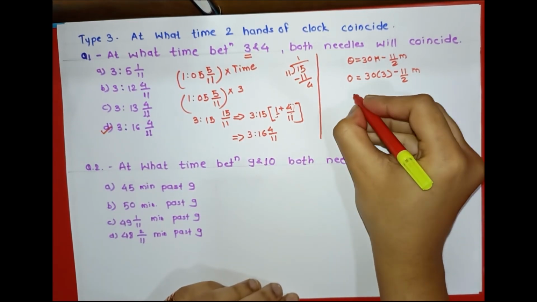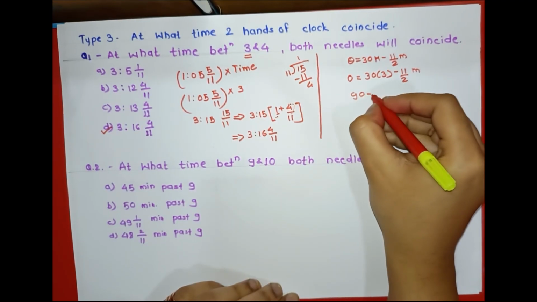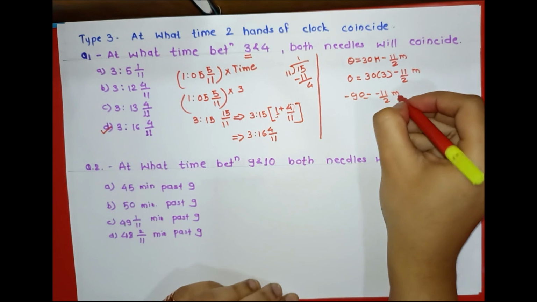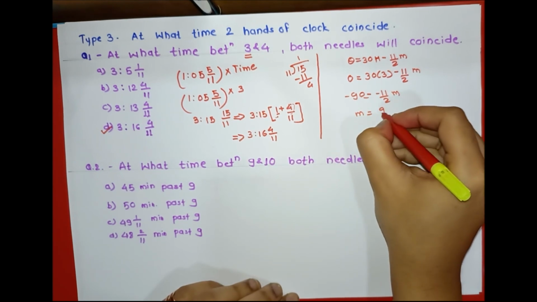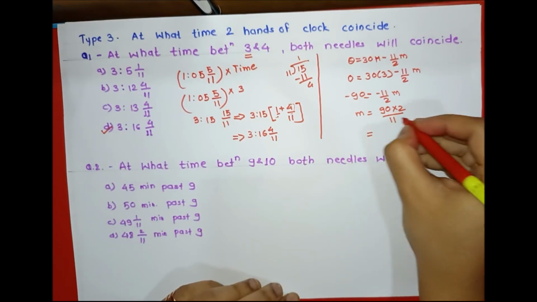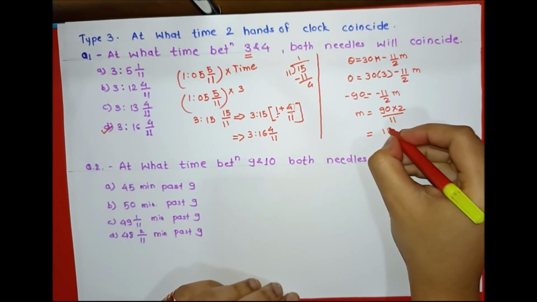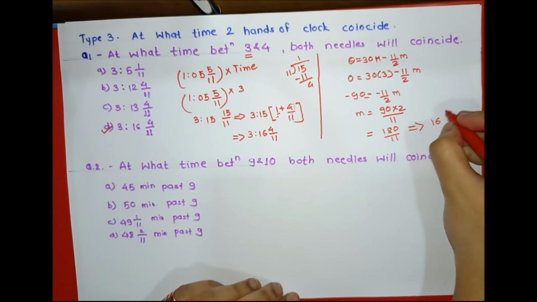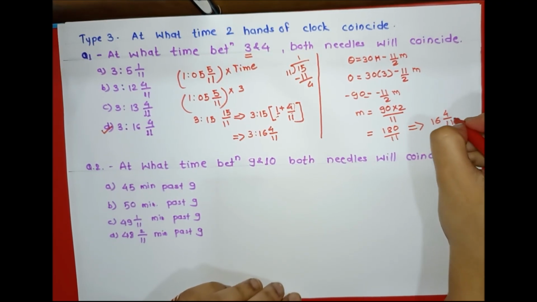So it goes over here: 90 minus 90 is equal to 11 by 2m. So your m becomes 90 into 2 by 11, which is 180 by 11. If you solve this, you will still be getting 16 4 by 11.